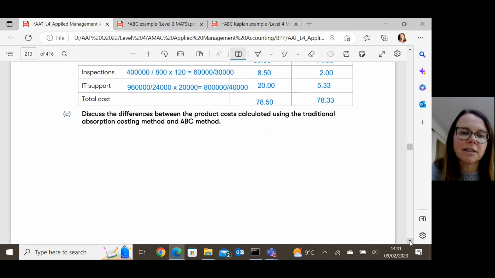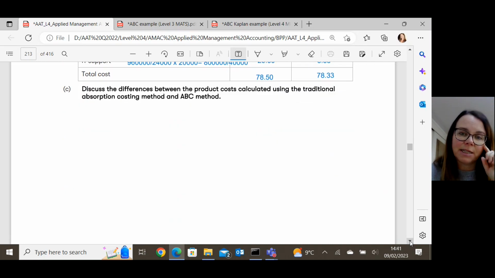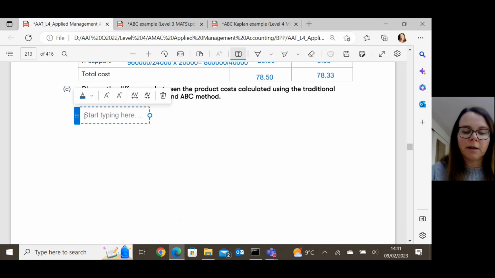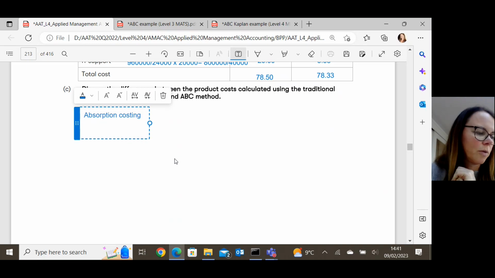So part C asks us to discuss the differences between the product cost calculated using the traditional method and the activity-based costing method. I would probably split my answer by talking about absorption costing first, just describing what's happened.